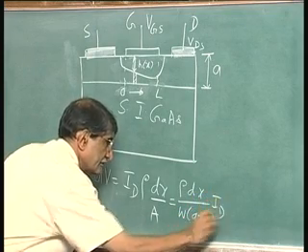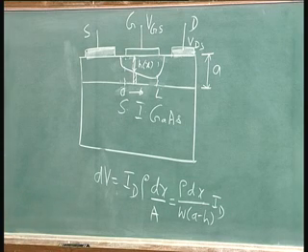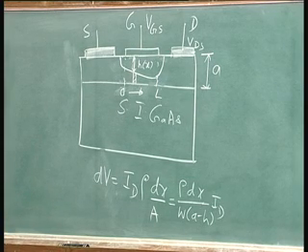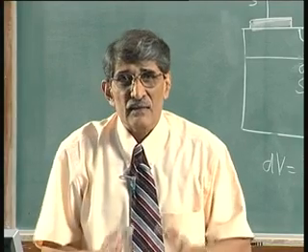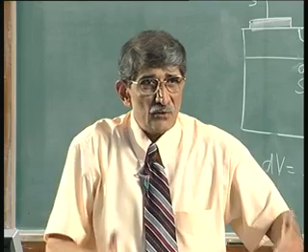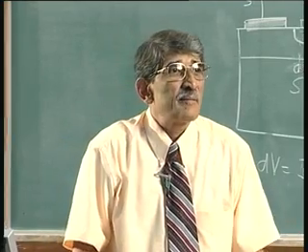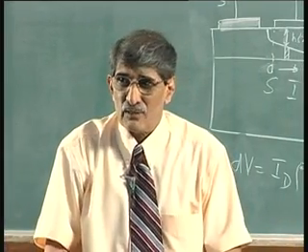So, dV is rho dx divided by W(A minus h) into I_D. That is what we are going to compute. All that we are going to compute in the entire analysis today is that voltage drop due to the current I_D, and when you reach the drain end, that is equal to the applied voltage V_DS, the total drop.